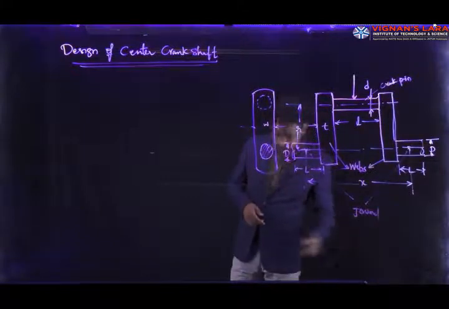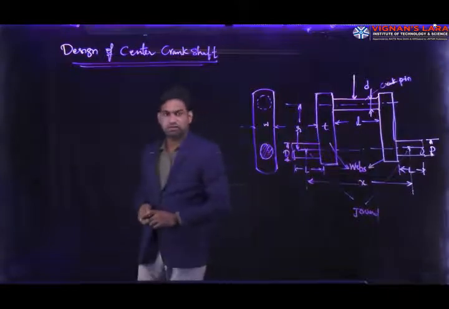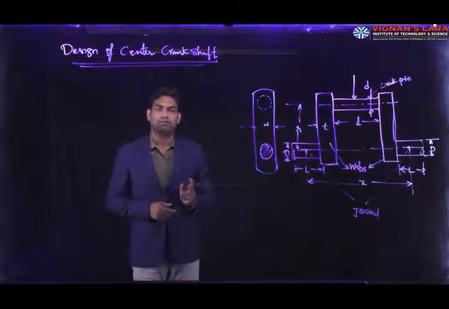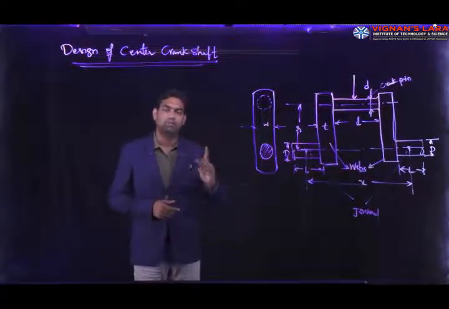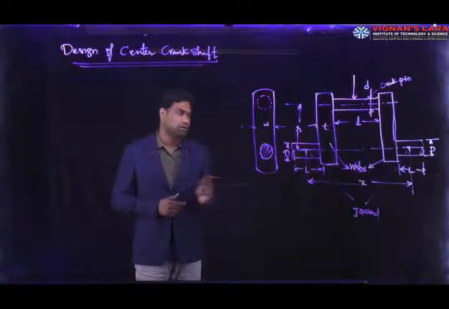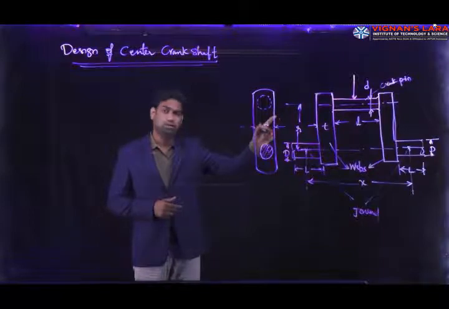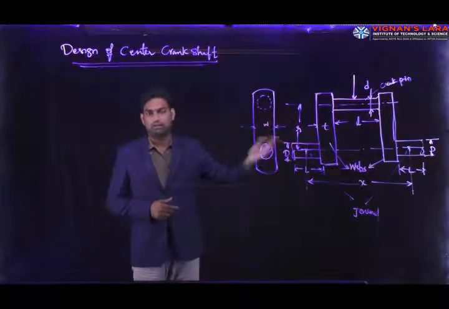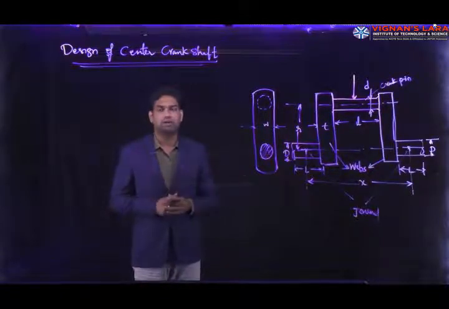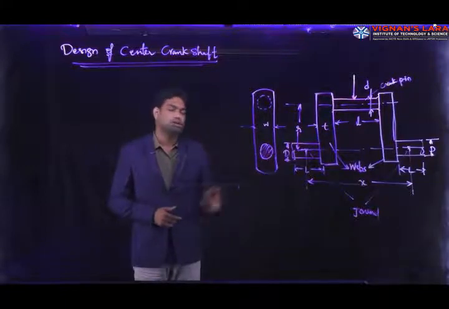In the earlier case, that is the side or overhang crankshaft, the total load acting on the crank pin is supported by only one web and one main journal. But in this case, the total load is equally distributed to the two webs and journals.